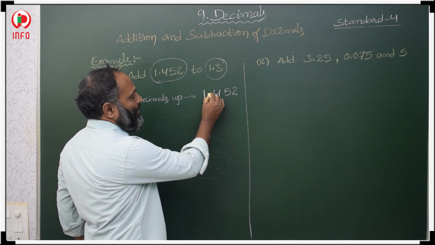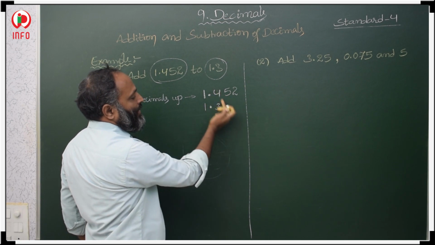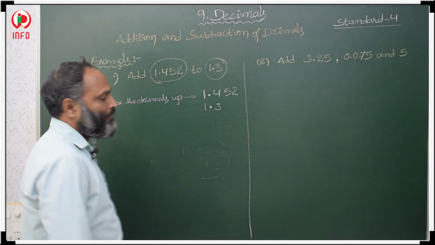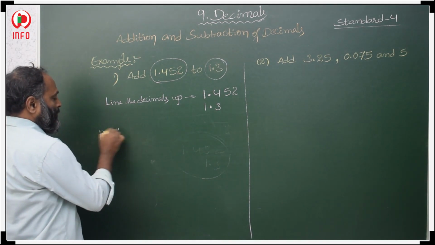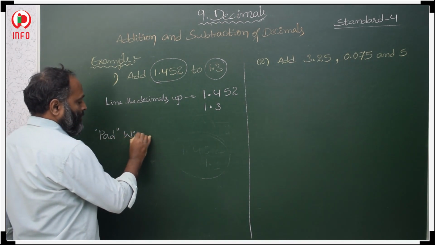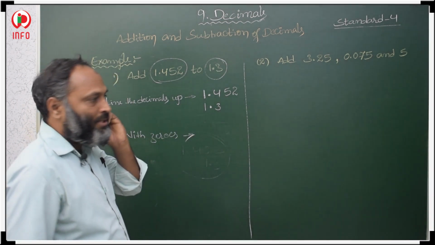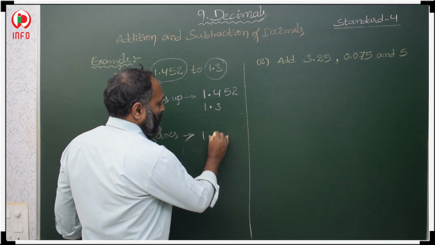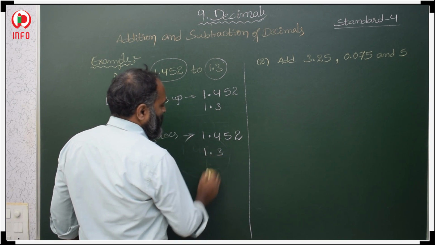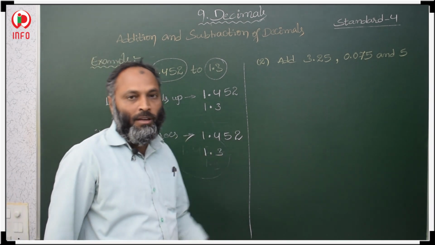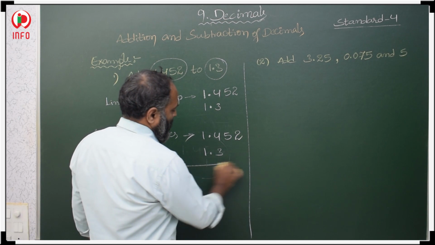We have to write it this way: 1.452, and in the second, the point first, then the ones place and tenths place. After that, pad with zeros. What is padding with zeros? Again we write 1.452 and 1.300. Pad with zeros means we convert the given decimals into like decimals by adding zeros where a place is missing.